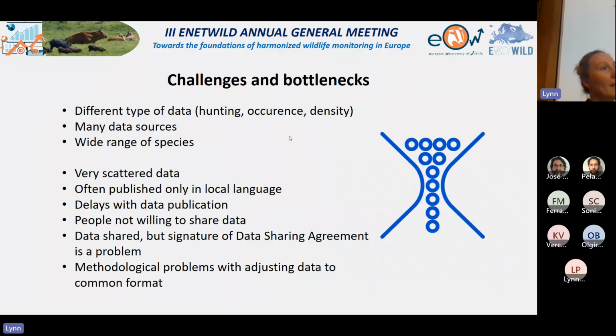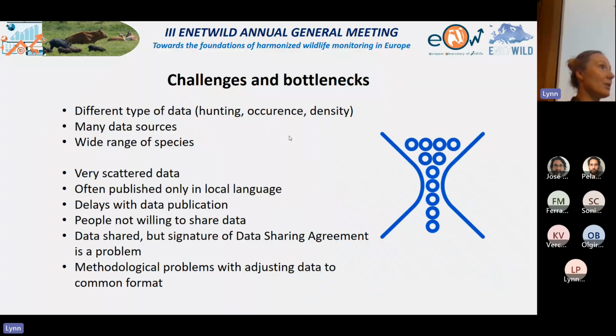What is causing that, even though the data is available, it's difficult to reach later on? Data can be very scattered. We are getting some information from here, some information from there. Sometimes even within a country, we don't have a clear pattern showing that we are covering all parts.